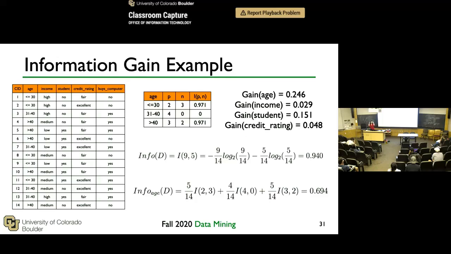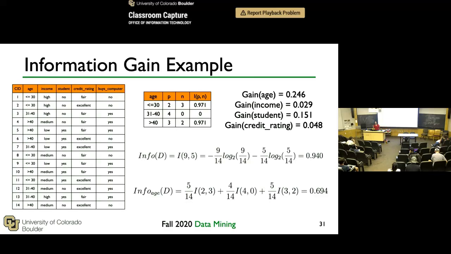Now, once I have picked age as the first level, I get to the second level. Can I reuse those calculations? Can I reuse those gain values for the other attributes? Yes or no? Because this is a calculation based on D. Once I go to the subtree, is the D the same?